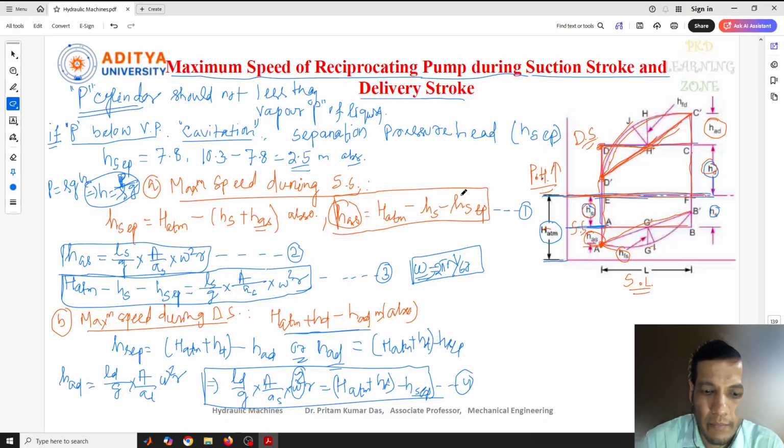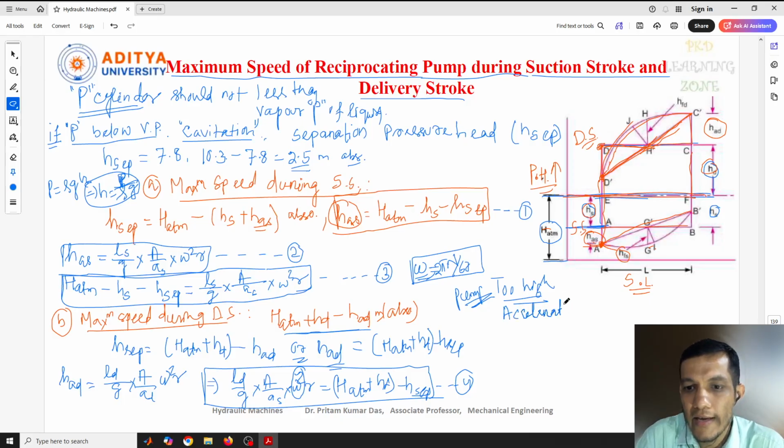But if the pump is rotating at too high a speed, then what will happen? At that point, our acceleration head will increase.